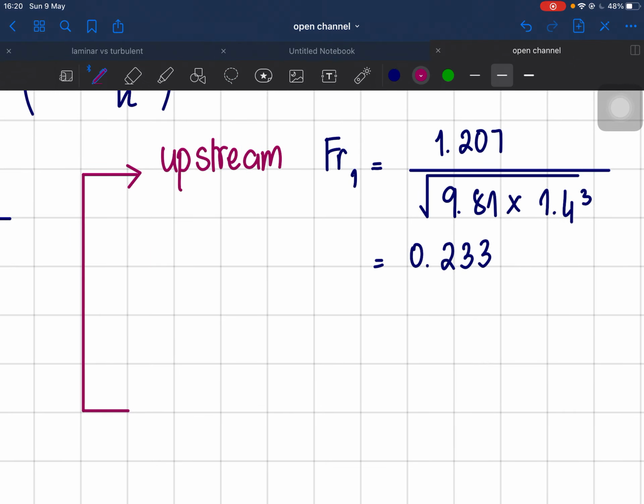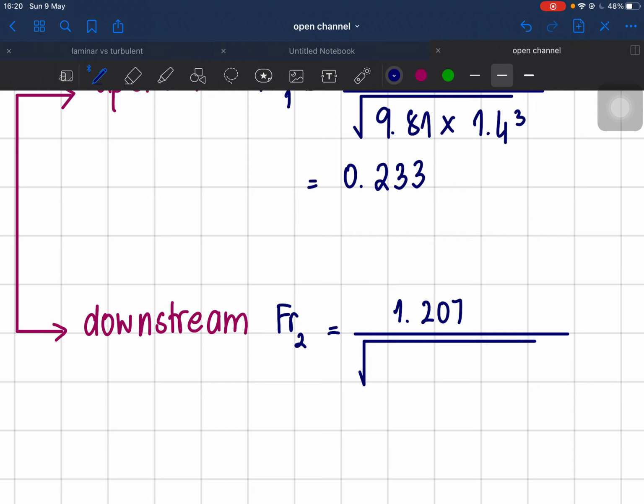Downstream here. Fr2 is the same, 1.207. Overall, this one is 0.25 cubed because it's the downstream depth here. Some people say it's depth, some people say it's height, so it's basically the same thing.